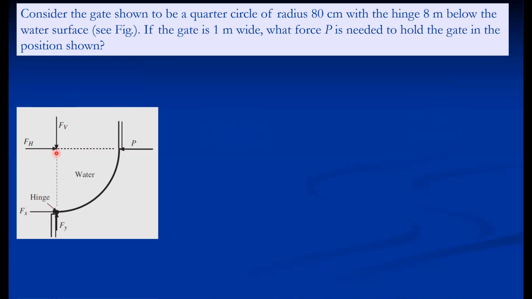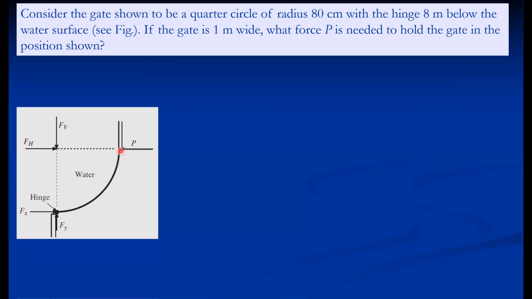If the gate is 1 meter wide, so the width of the gate, here is the curved surface, this width of the gate is perpendicular to the board, that is 1 meter. What force P is needed to hold the gate in the position shown?